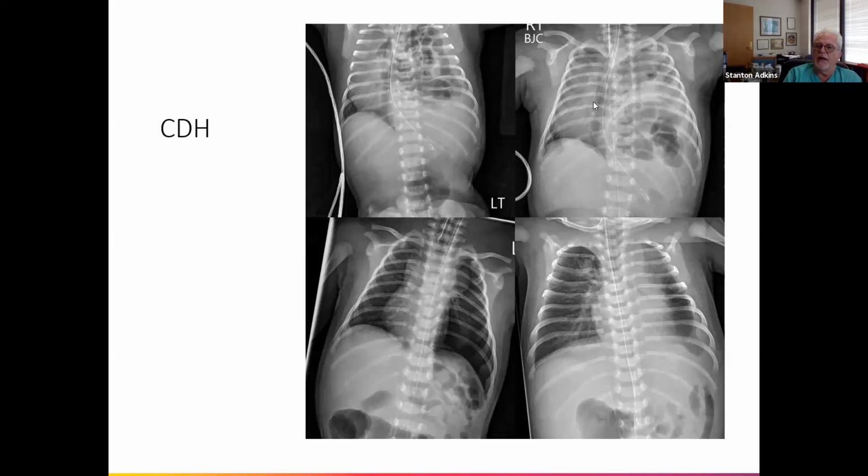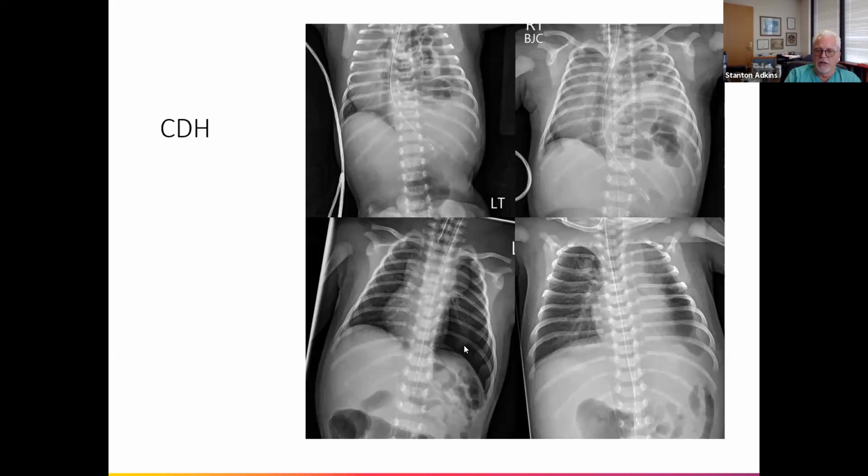And with time, you can see that the intestine that's up here gradually is going to reduce down into the belly. This child did not require ECMO, and we'll talk about ECMO separately. And we were able to repair the diaphragmatic hernia.